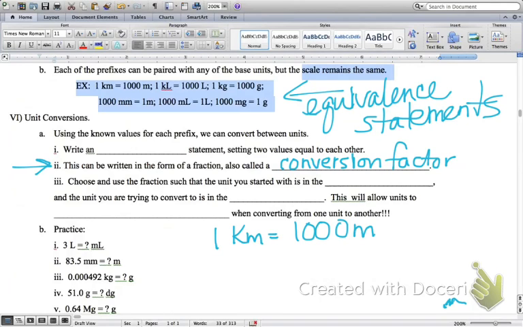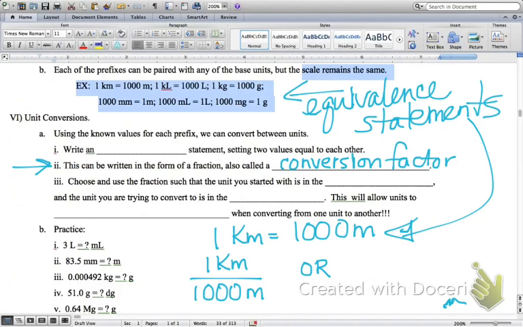I can write that equivalent statement in the form of two different conversion factors. One puts the 1 kilometer on the top and the 1,000 meters on the bottom. The other puts the 1,000 meters on the top and the 1 kilometer on the bottom.